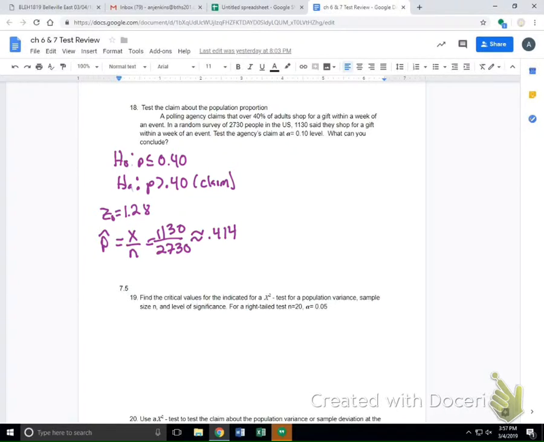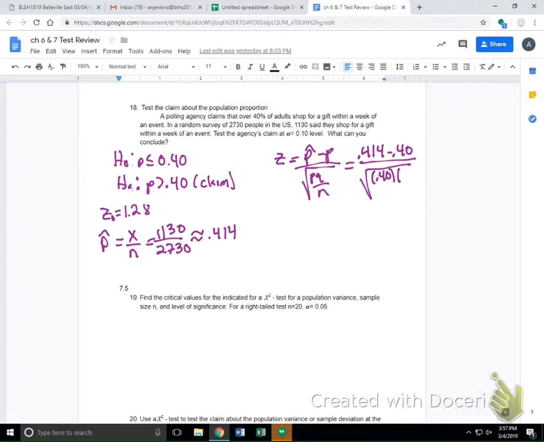Now that we have that, we have to calculate our z for this problem. So you have to use that formula. So that's p hat minus p all over the square root of p times q all over n. So we end up with 0.414 minus 0.4 all over the square root of 0.40.